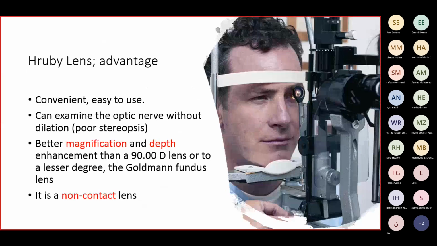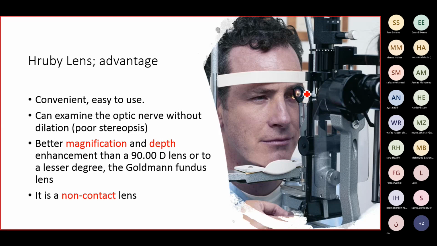And the magnification and the depth is similar to the 90 diopter lens, so it doesn't give a very high magnification like a 60 diopter lens. It has a narrow field of view, so you can use it, for example, to examine the optic disc, but not the peripheral retina.